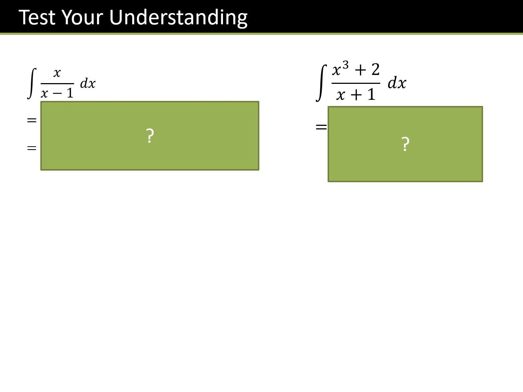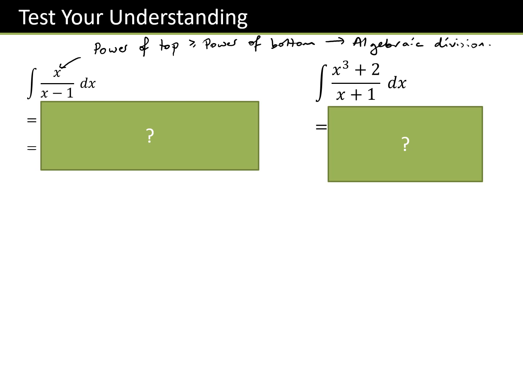So, as I've said, when the top has got an equal or bigger power, okay, when the order, so the power of the top is equal or greater than the power of the bottom, you need to do algebraic division.